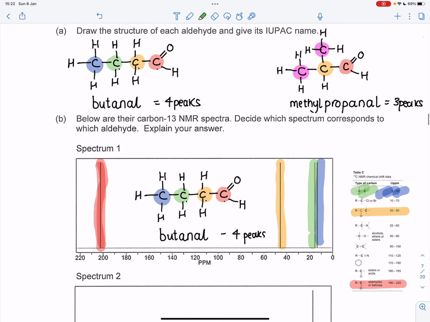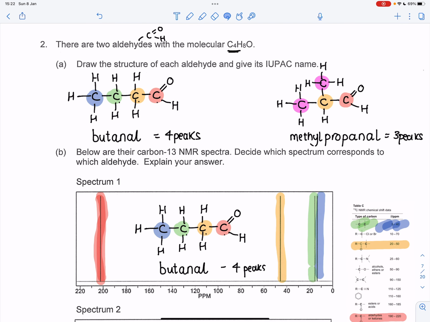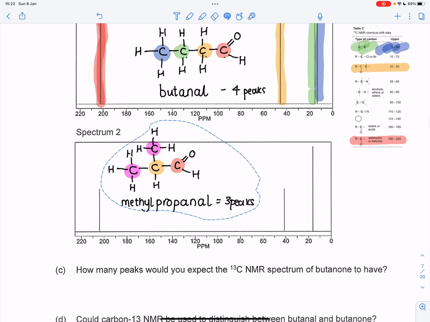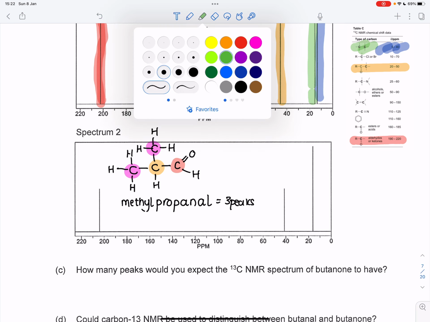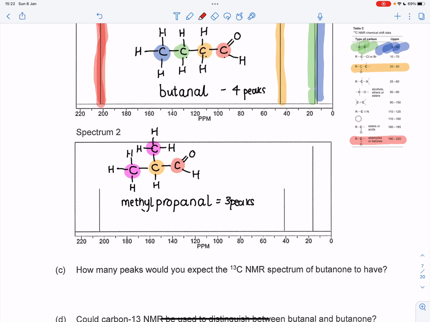In spectrum 2, if we look at our methyl propanol structure, again, we can identify that aldehyde and ketone peak, 190 to 220, and that living next door to the aldehyde and ketone peak at 20 to 50.